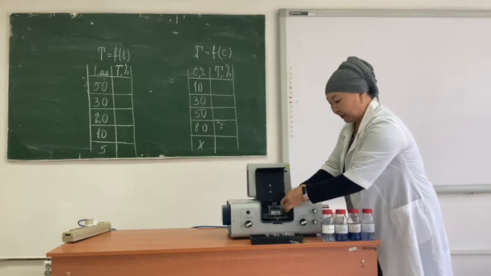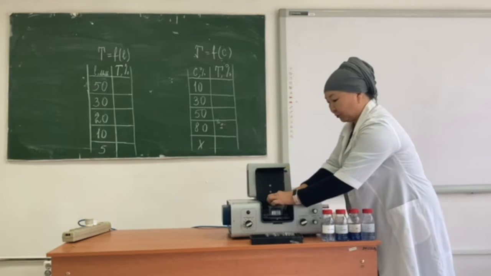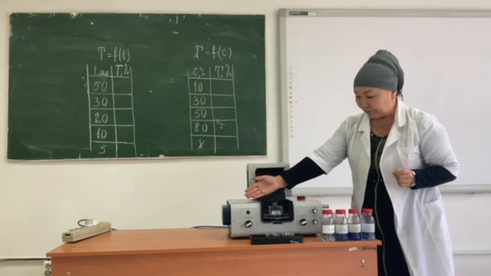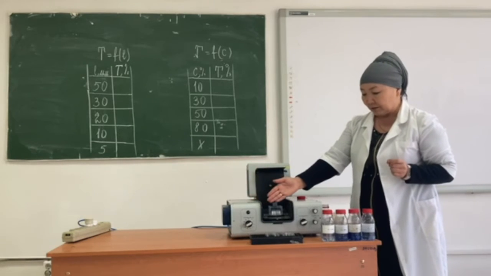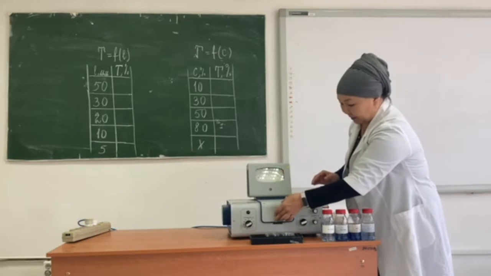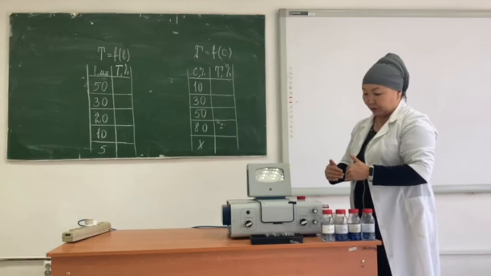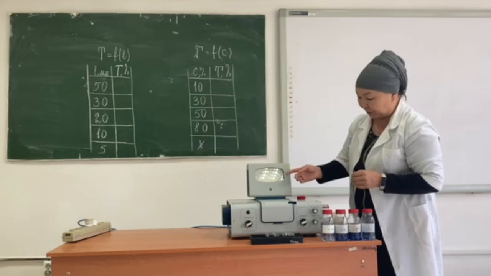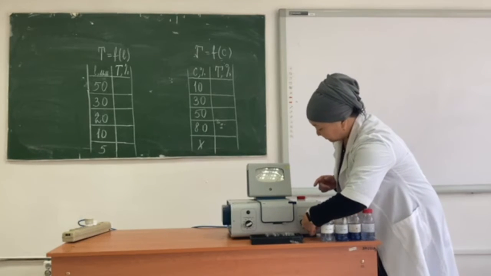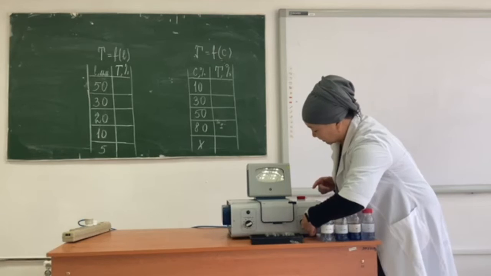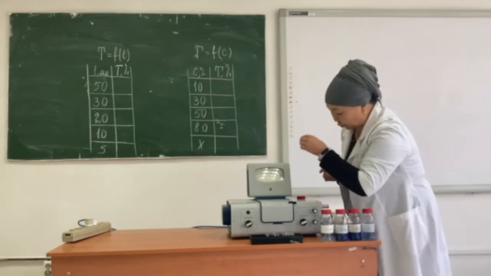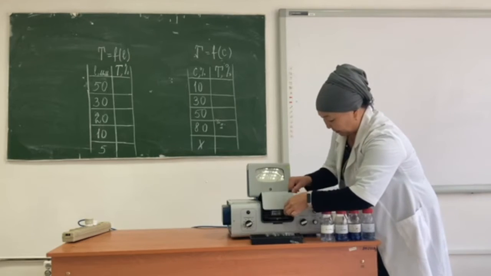First, we will set up the table so that the beam of light passes through clean water. The light passing through the filter passes through the water and falls on the photocell. The photocell converts the intensity of light falling on its surface into electrical energy, which in turn deflects an arrow on the scale. Since we are using the comparison method, assuming that there is no light absorption through clear water, we set the arrow to 100 with the screw.